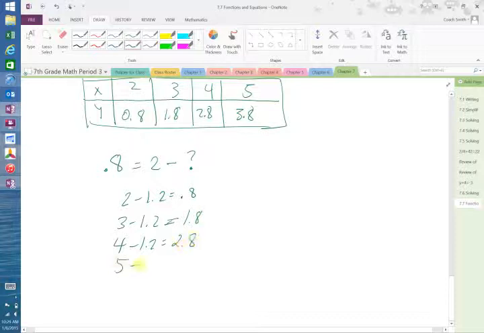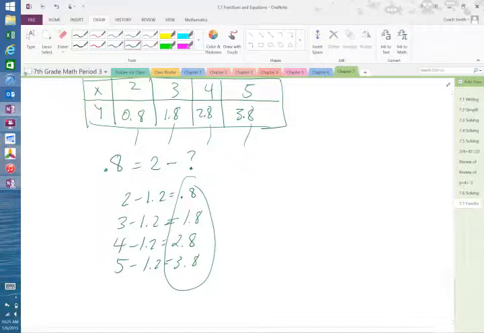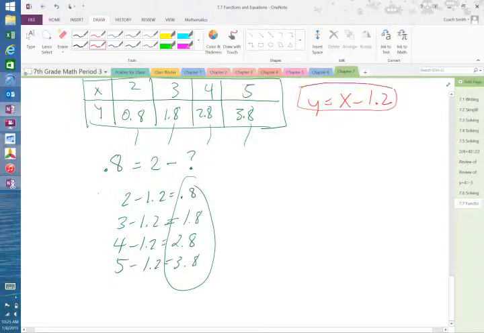And we take 5 minus 1.2, and that is 3.8. So all of these check. Okay, all of our outputs actually work. So the rule then for this input-output table is y is equal to the input x minus 1.2. And that's your function rule for that input-output table.